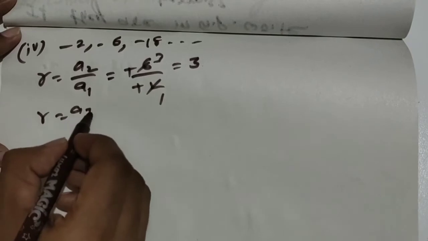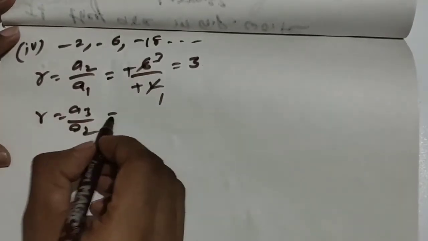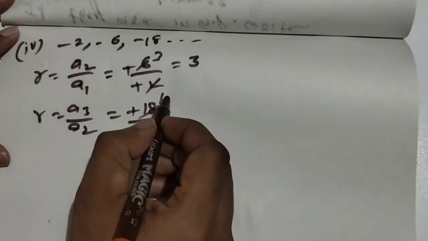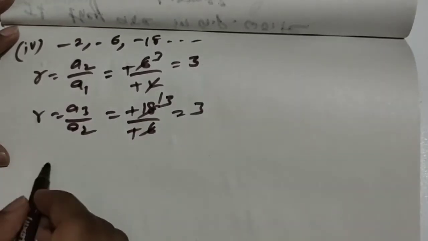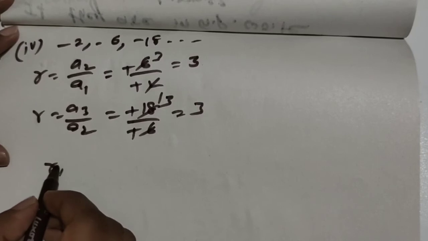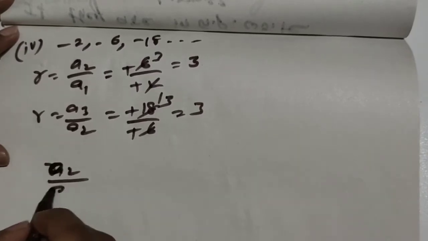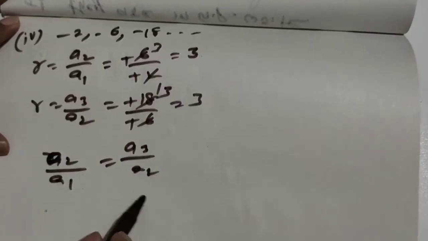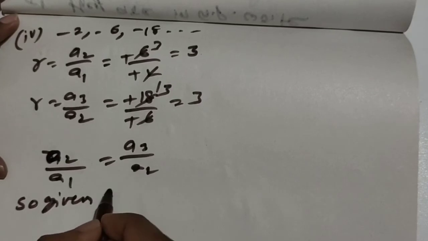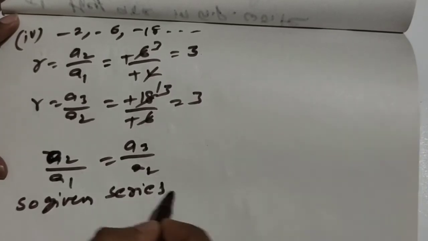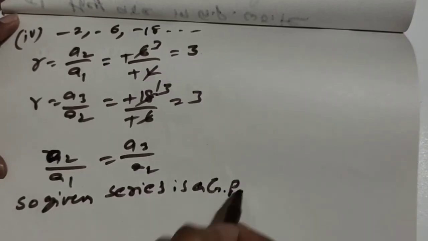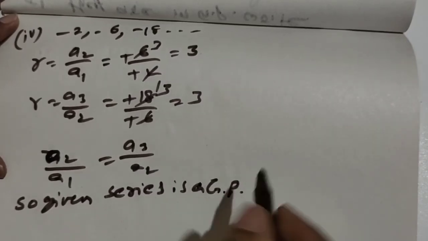And in a similar way a3 by a2, so -18 by -6, minus cancels, 6 3s are 18, so 3. So we got our value the same, so common ratio a2 by a1 is equal to a3 by a2. So hence the given terms are in GP, the given series is a GP.